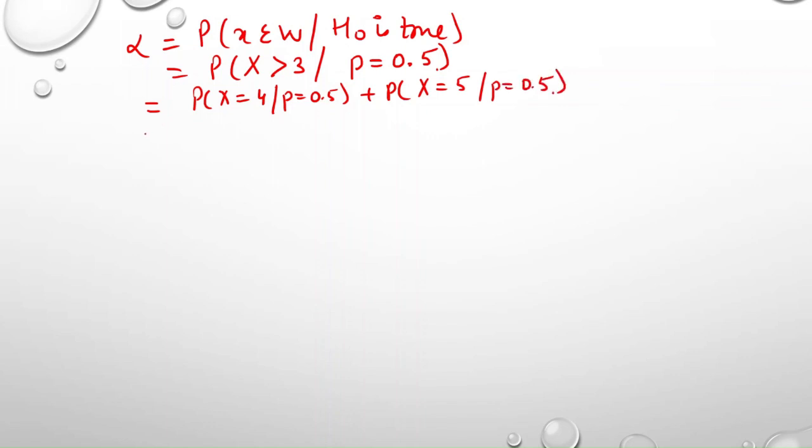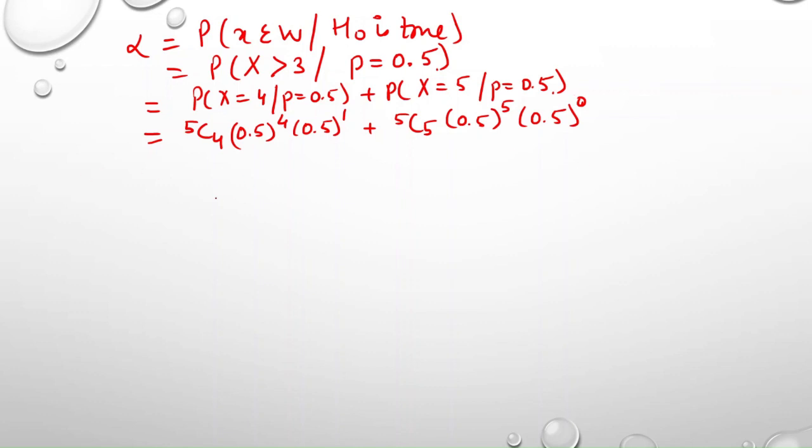Just putting in all the values in the probability mass function, we will get here 5C4, 0.5 raised to the power 4, 0.5 raised to the power 1, plus 5C5, 0.5 raised to the power 5, 0.5 raised to the power 0. So clearly the value is coming out to be 3/16.